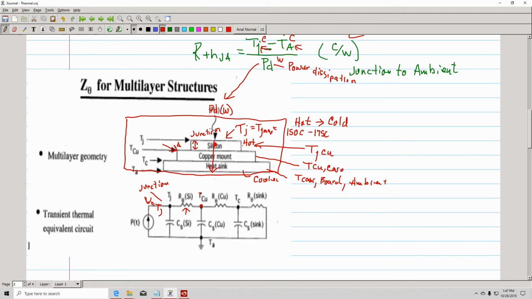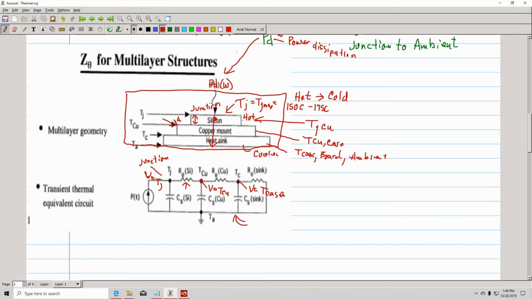Same here, you have a certain voltage that represents the temperature at the copper level, and then the voltage at that node corresponds to the temperature at the case, and so forth. So this is the model that you can easily implement in SPICE.